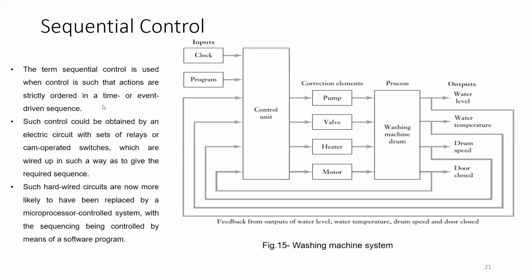This is part of the control system only, that we can control the value of a particular object, or we can control the sequence of the events which are occurring. So another application of a control system is the sequential control. Okay, this is how it is related.